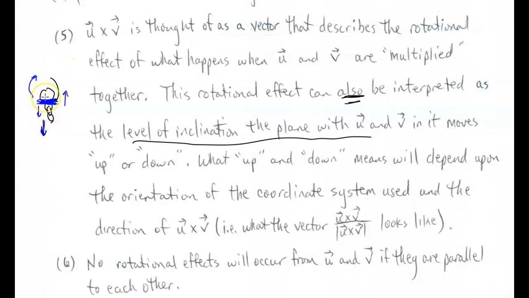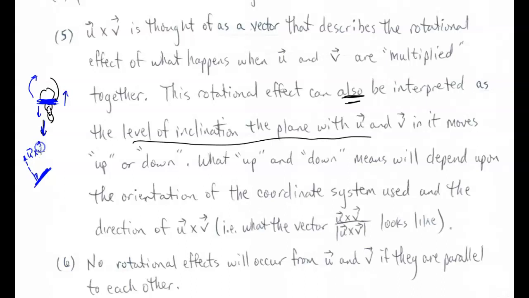Now, what gets interesting here is, let's say the vectors that I have are actually in this plane that is turned to the side. Well, we know that regardless of how the plane is situated, we want the u cross v vector to be a vector that's going to be perpendicular to this particular plane.